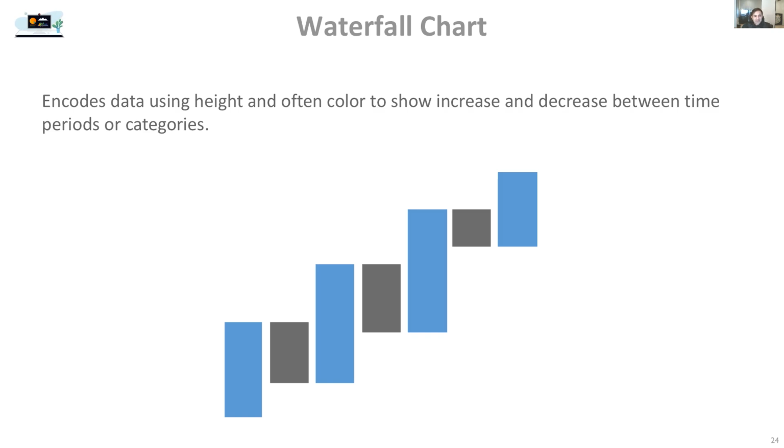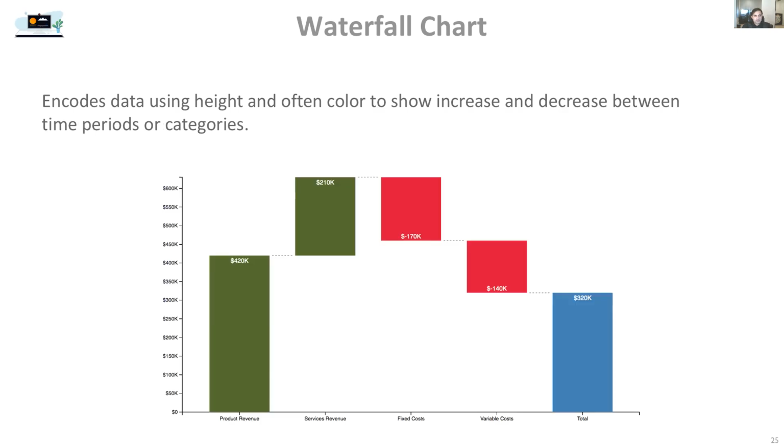They can effectively display the cumulative effect of sequential positive and negative values. Waterfall charts are commonly used in financial analysis to display how a net value is arrived at through gains and losses over time or between actual and budgeted amounts.